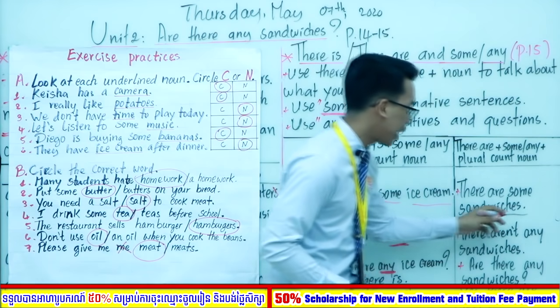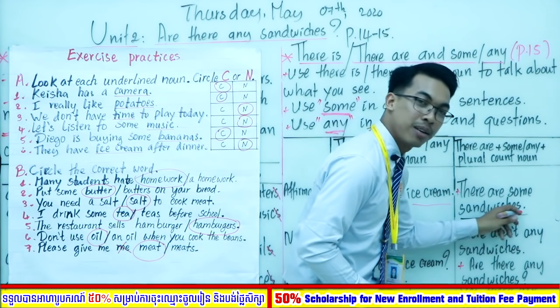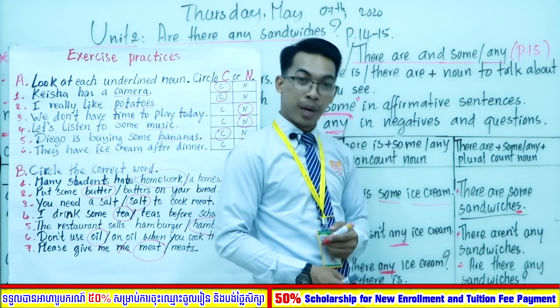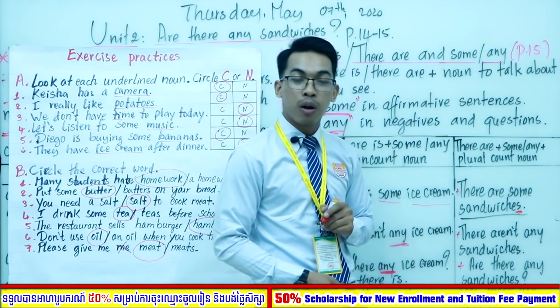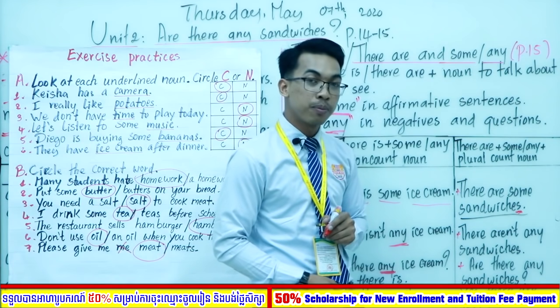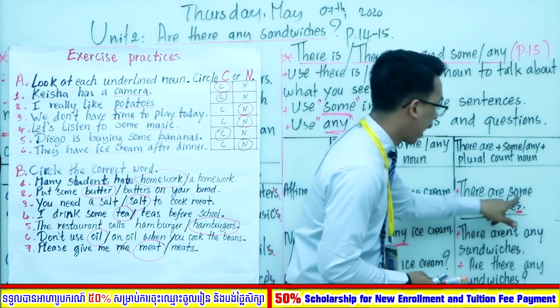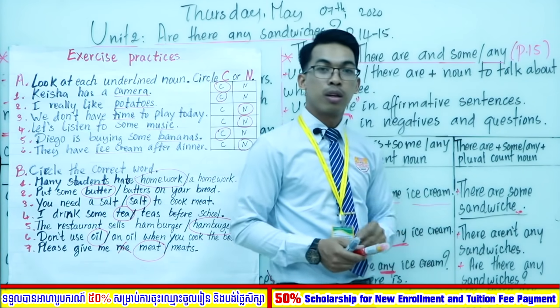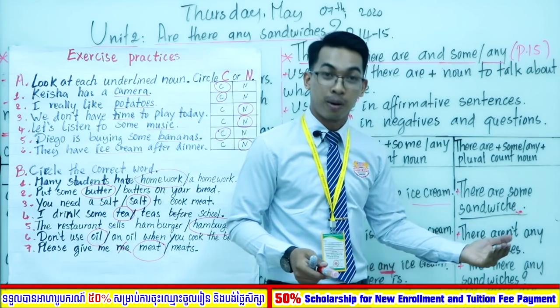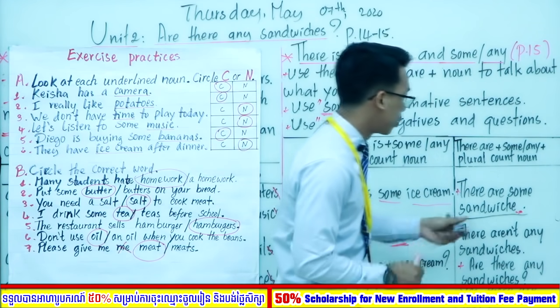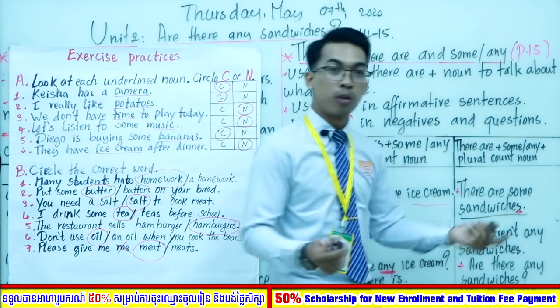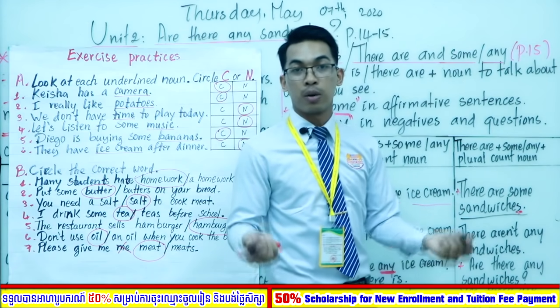But do you see s at the end of the word? Very good. So this we call a plural count noun. You got that? If you do not write s, it means it is not a plural count noun. When we use s, it becomes plural, but the word is still a count noun.